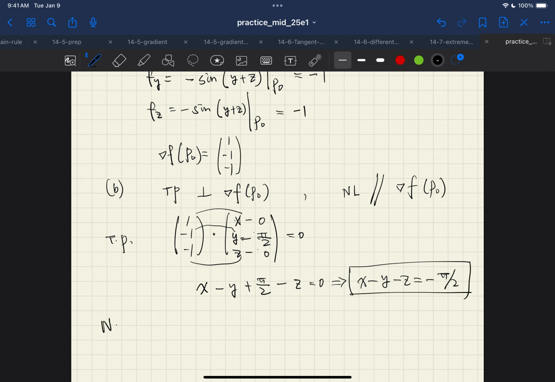And for the normal line, we're going to use a parametric equation.